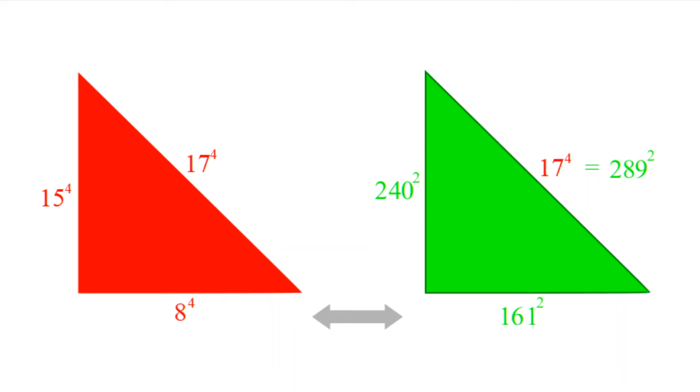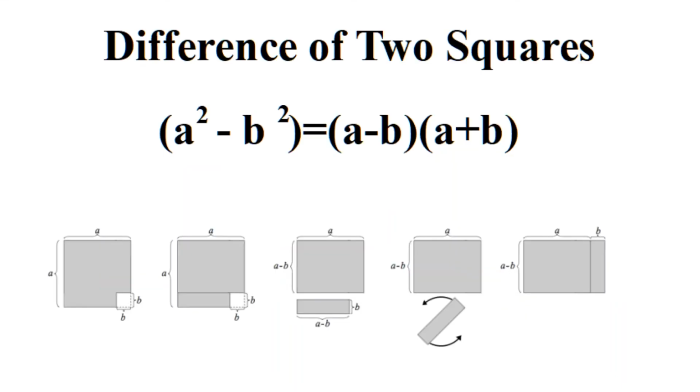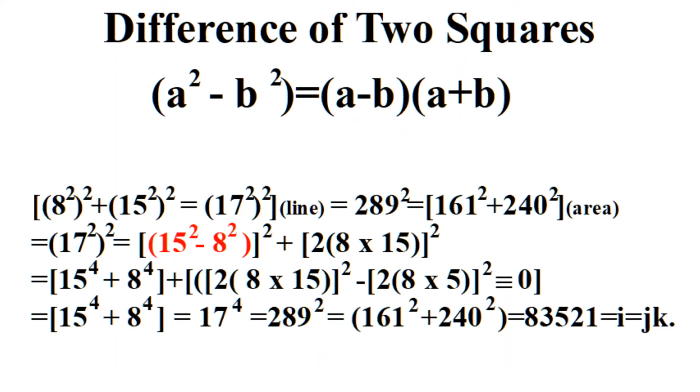This discrepancy would seem to indicate that Fermat's last theorem is indeed true. But this can be remedied by introducing the difference of two squares. The difference of the squares is given as a squared minus b squared equals a plus b times a minus b. And given the difference of the squares, we see that 161 can be factored into a difference of the squares quantity. 161 equals 15 squared minus 8 squared.